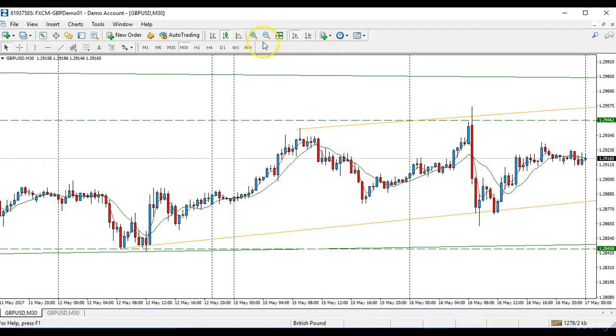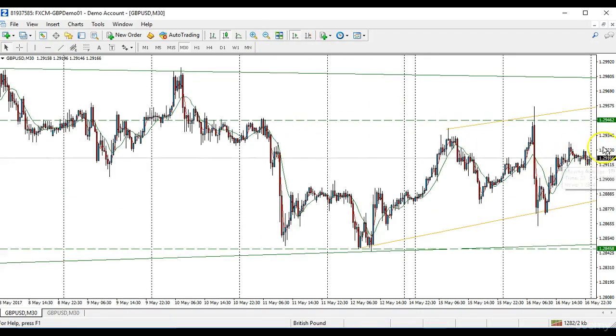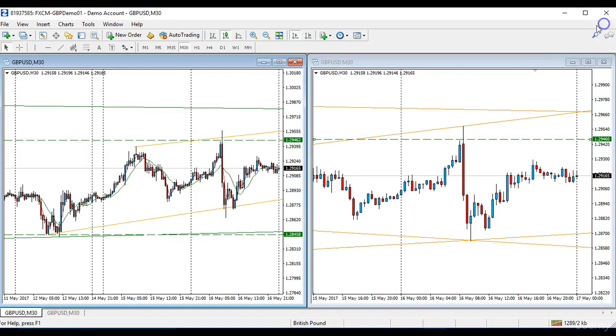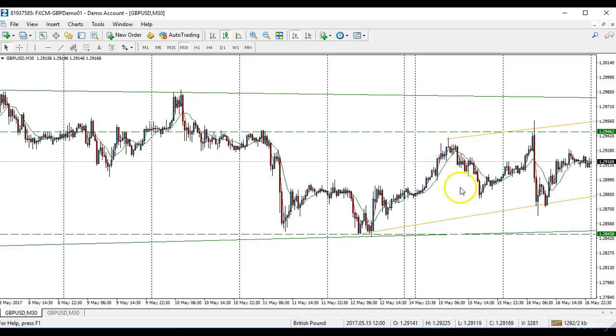So I can now see this 30-minute pattern in the context of the daily pattern, in context of the daily support and resistance, and that gives me more information to know where the energy of the market is likely to be.